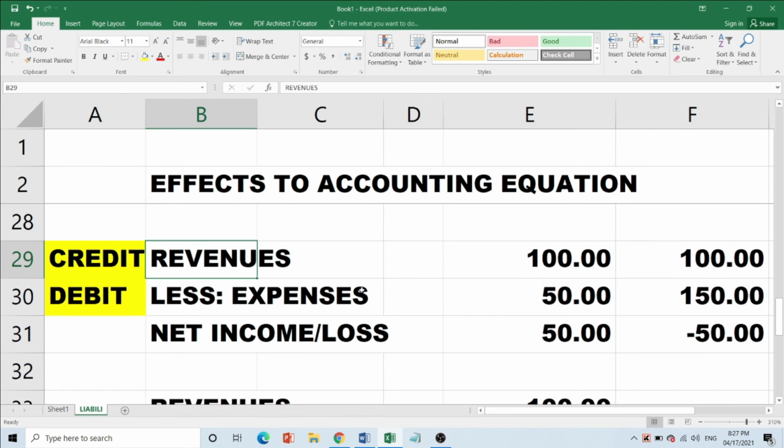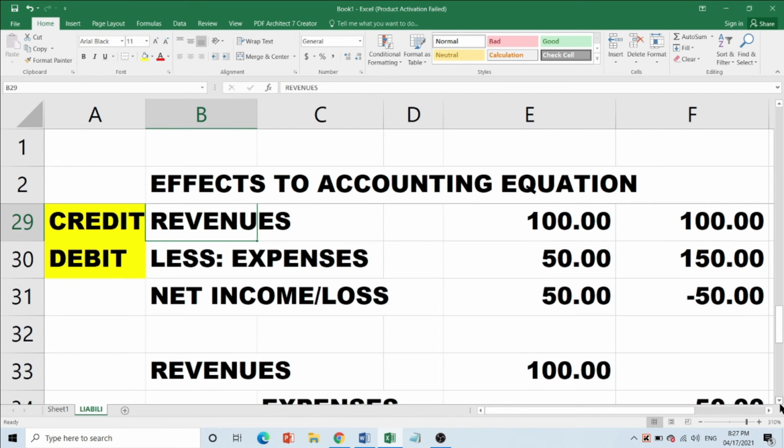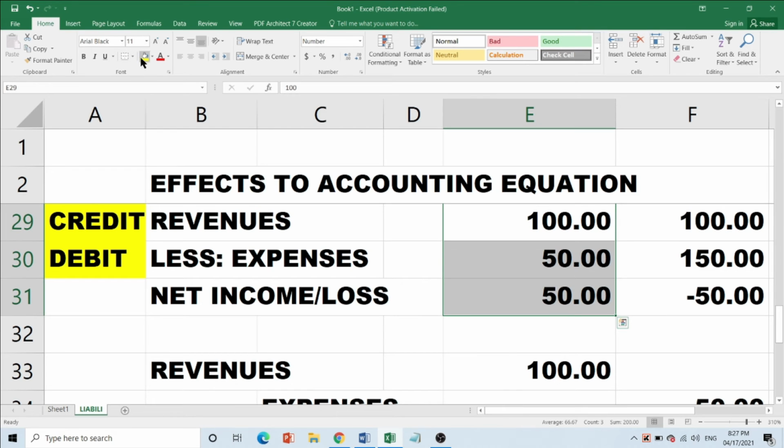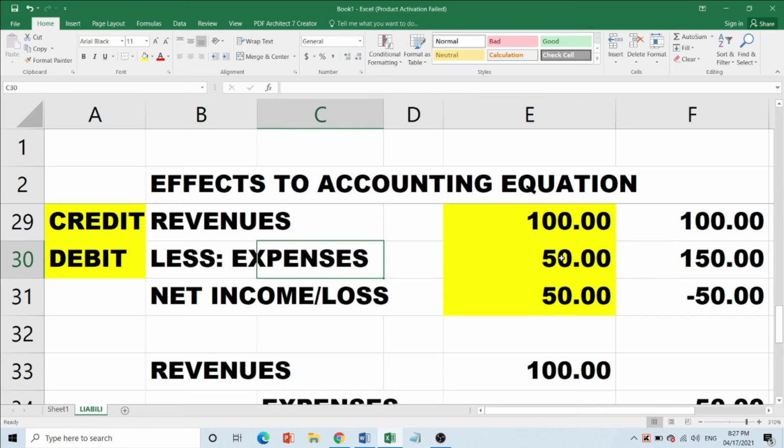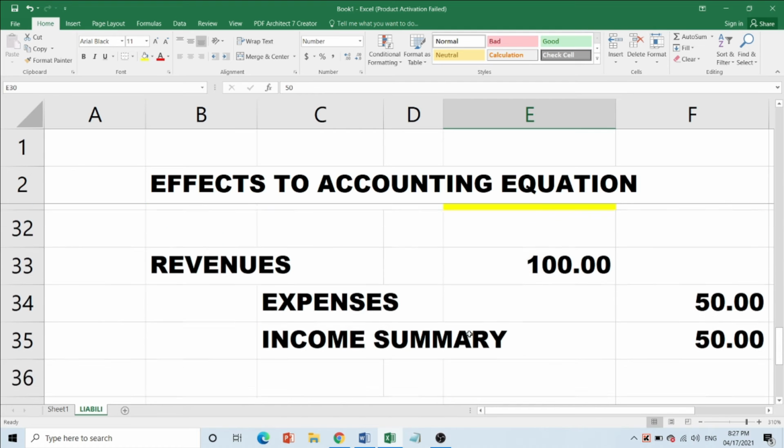Sa revenue, merong credit side, normal credit na balance na. Example natin dito sa first example natin na mayroon tayong net income na 50 pesos. So yung nangyari, example, at the end of the year, mayroon tayong revenue na 100, mayroon tayong expenses na 50. So i-close natin ito to income. First step is to close it to the income summary account.